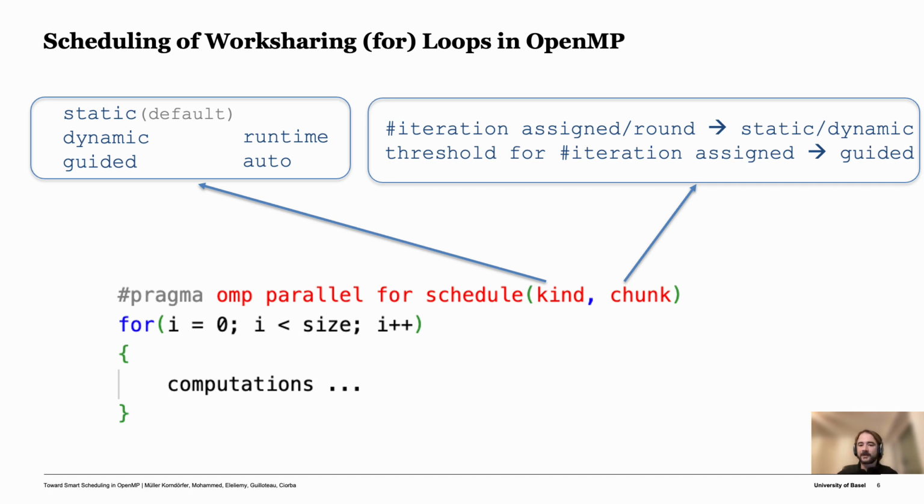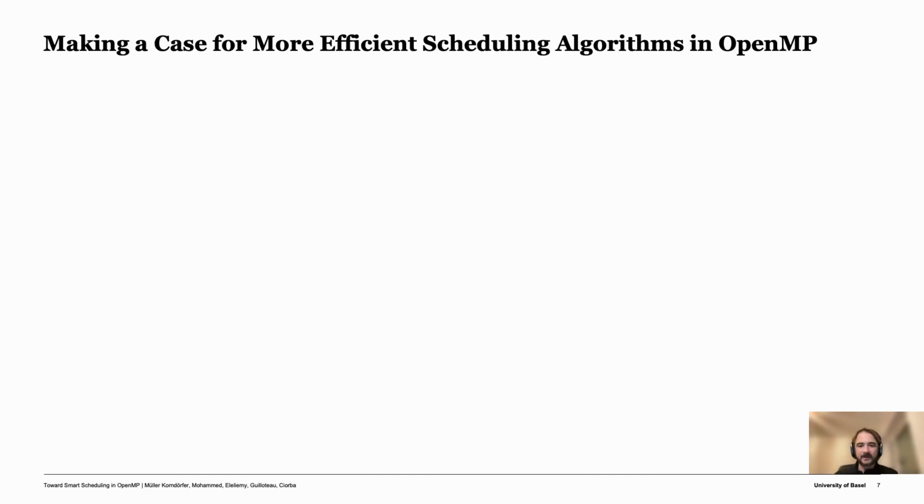And then the second parameter is a chunk. This chunk behaves in slightly different ways depending on the scheduling technique. If it's static or dynamic, this is the amount of iterations that will be given in every scheduling round. And if it is any other technique, it behaves as a threshold, so a scheduling technique cannot assign fewer iterations than this chunk parameter.